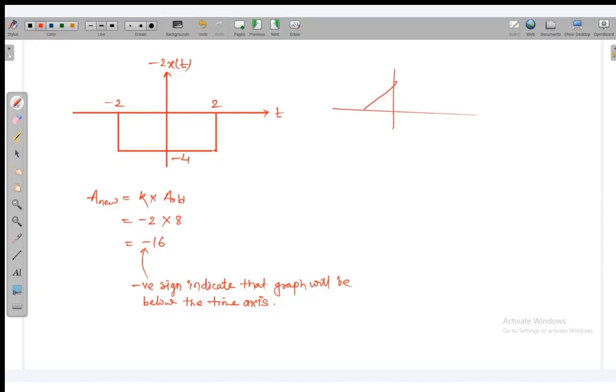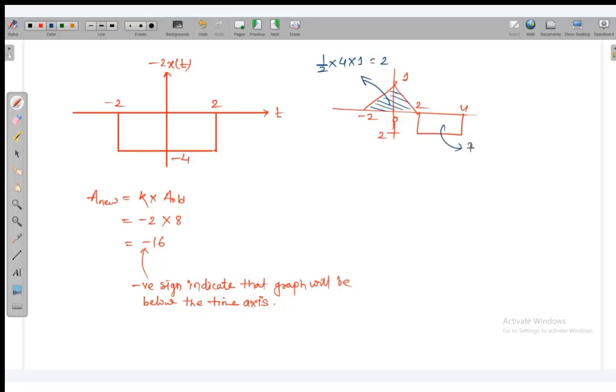Like suppose this is the triangle and this is the rectangle like this. It is given -2, 0, 2 and 4, and this is value 1 and this is, let us say, value 2. Now if I ask you to calculate the area of this entire graph, then what will you do? You will take the area of this. You will say, sir, 1 by 2, base is 4, height is 1, the area is 2.